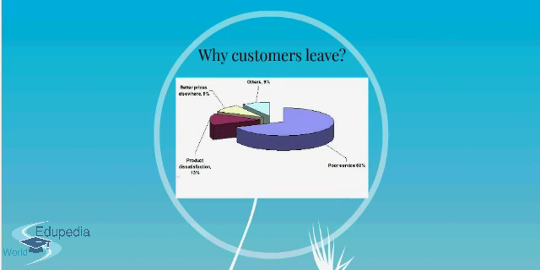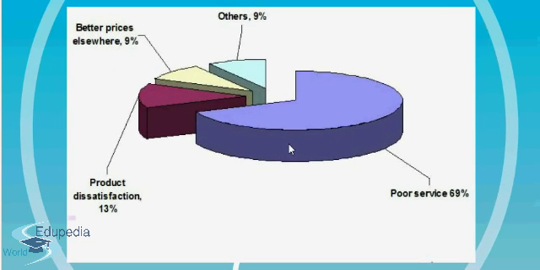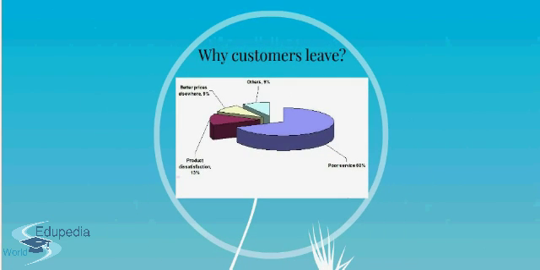So far we understood about the customers, the various categories of customers, and the type of services which make customers happy and satisfied. Now the one more moot question is, why do customers leave?